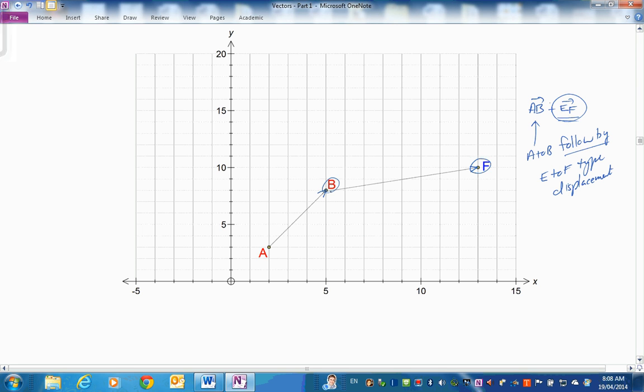So what's overall happened? AB plus EF has landed A out at F. That makes sense. That's consistent.